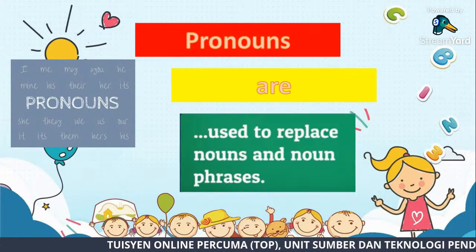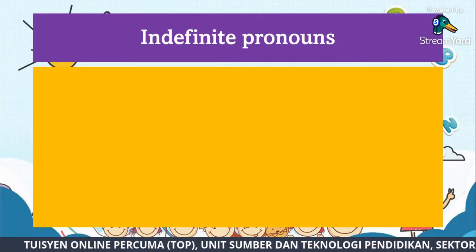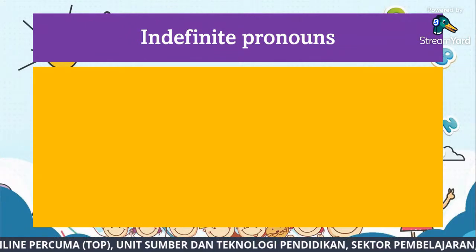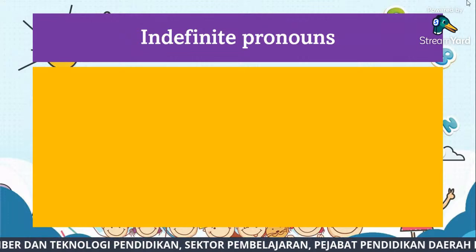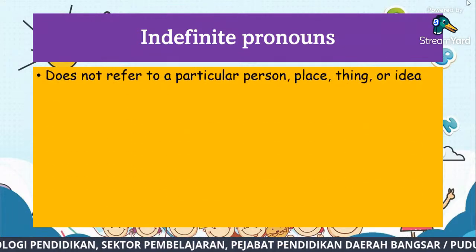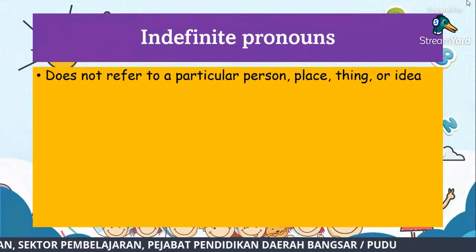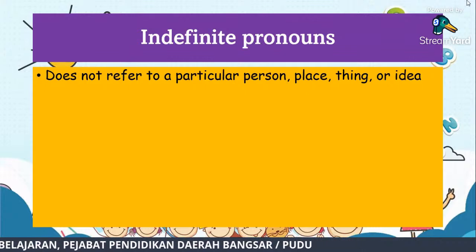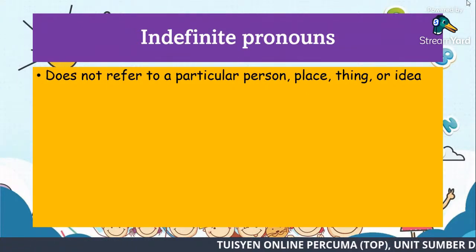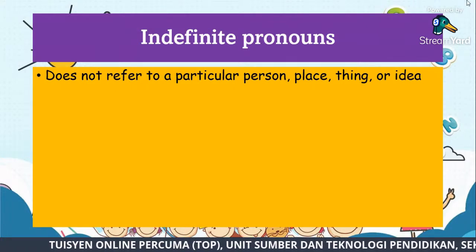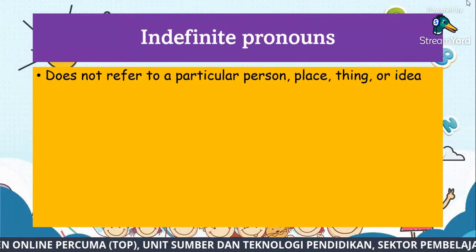For today's lesson, we're going to go into detail about indefinite pronouns. What are they? They do not refer to a particular person, place, thing, or idea. You don't really know who you are referring to. You don't know who the person is, what place it is, or you're not sure about the thing or the idea.